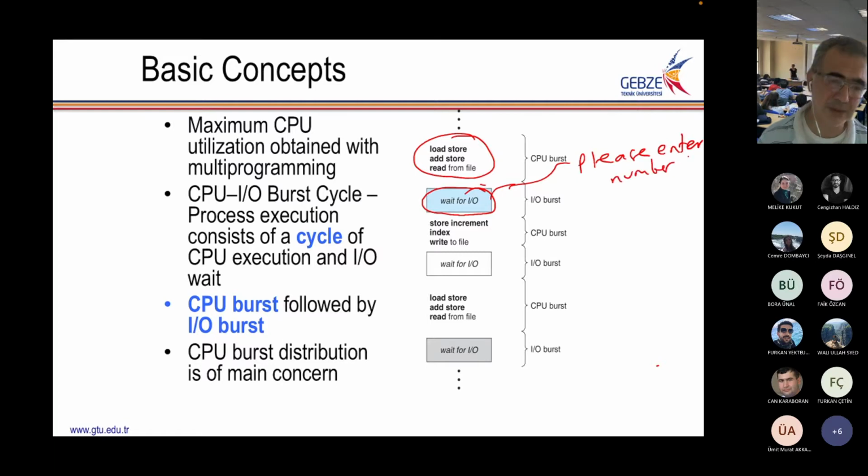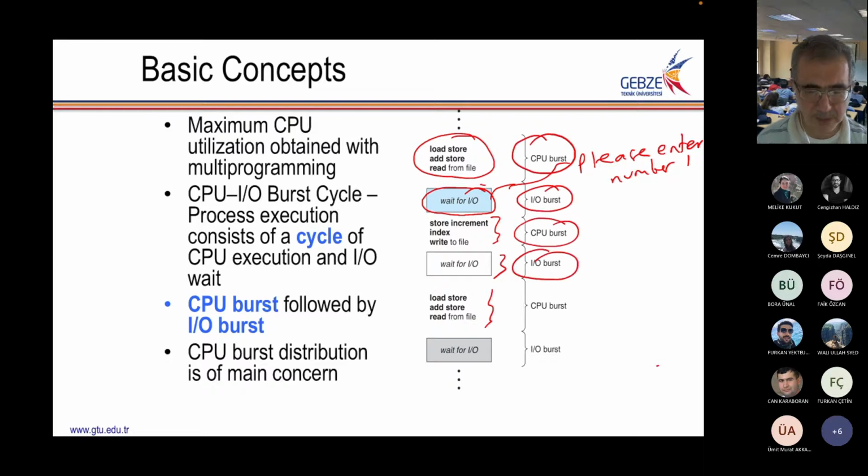Those kinds of things are considered input-output waiting. And then it runs again. So it runs, waits for input and output, and runs again. So generally, any program has CPU and I/O parts. When I/O is executed, CPU becomes idle.